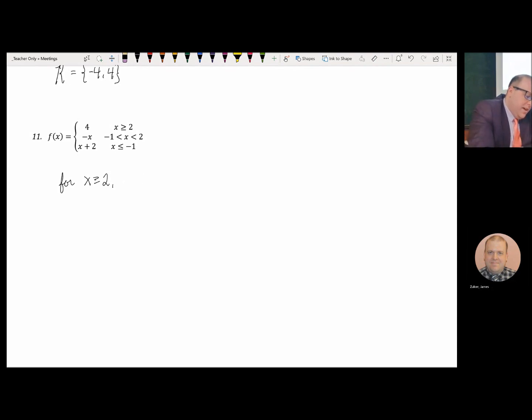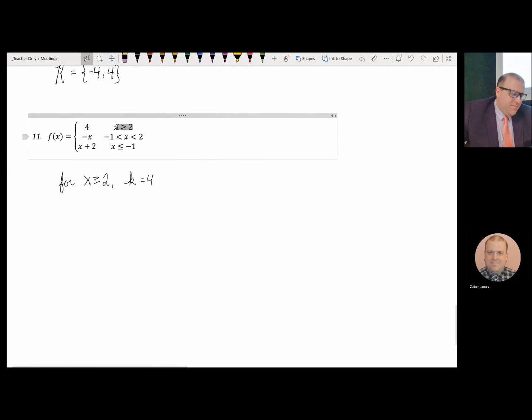I'm going to use k for the output of f of x. For x greater than or equal to 2, we get 4, right? So k would be 4. All right, so there we go. We're done, because that's how the first piece is defined.